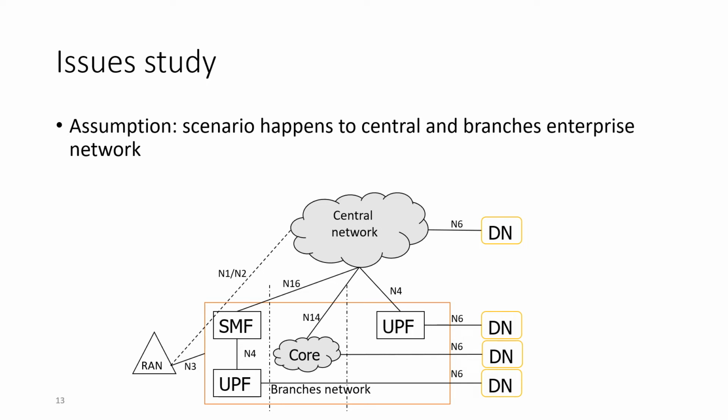The other, easier way is to pull out the UPF from the core network, so we deploy only the UPF to the branches network, and all the commands are listened to from the central network. Among these three designs, they have their own pros and cons, and we will talk about it later.